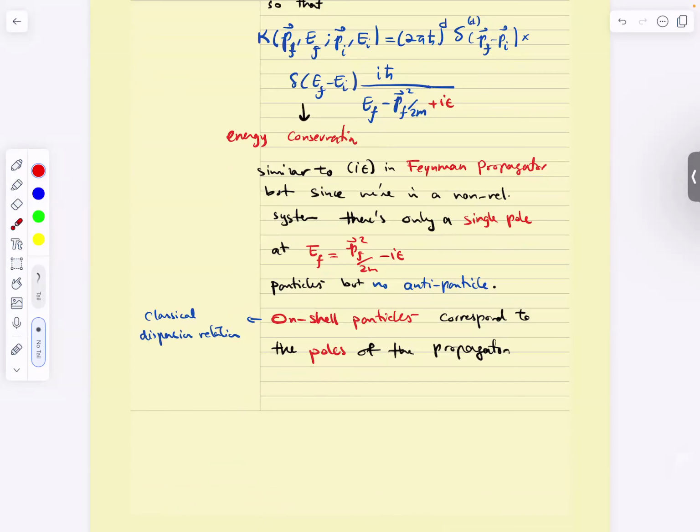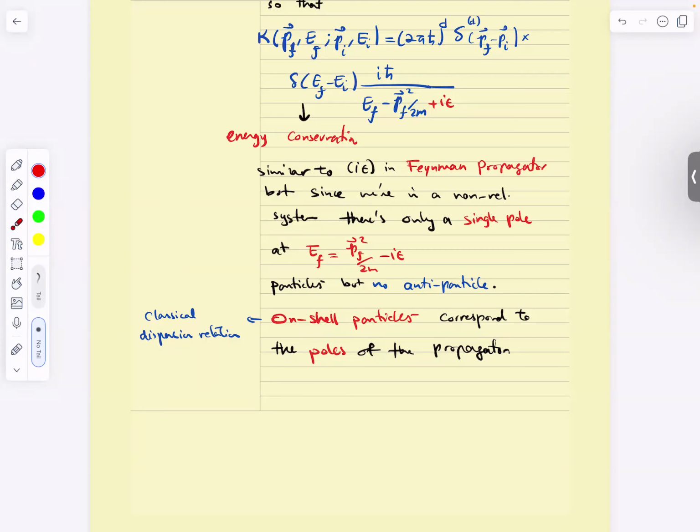There's another lesson, which is on-shell particles correspond to the poles of the propagator. If somebody comes to me and says, I have a really, really complicated theory, here is the 2-point function of it. You take the 2-point function, you Fourier transform it in space-time. You get a function. It's a complex function.